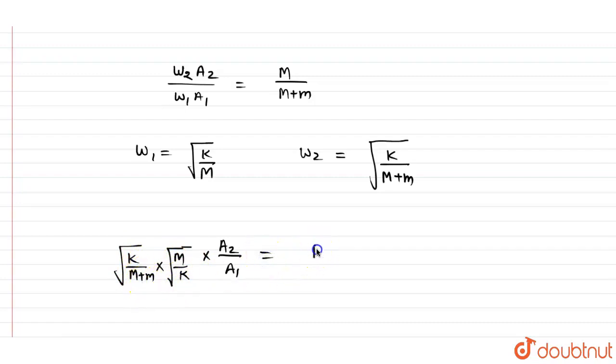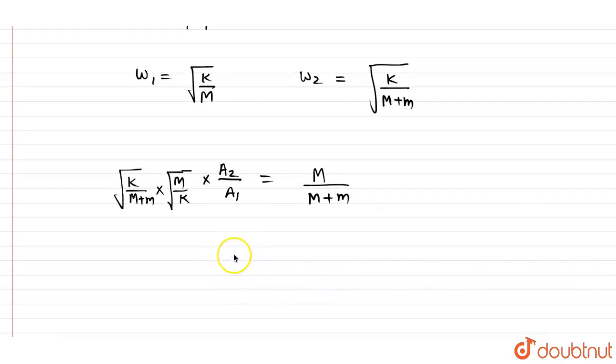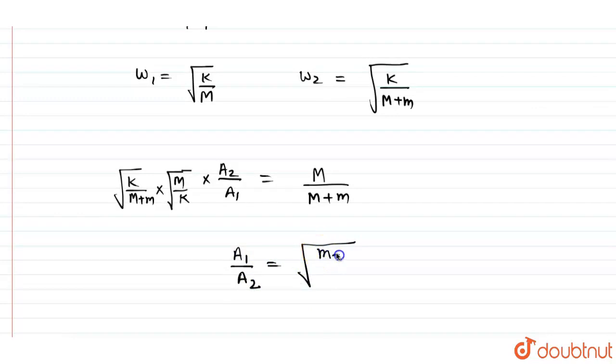So finally, A1 upon A2 can be written as root over of capital M plus small m, to be divided by capital M. So that's our answer.